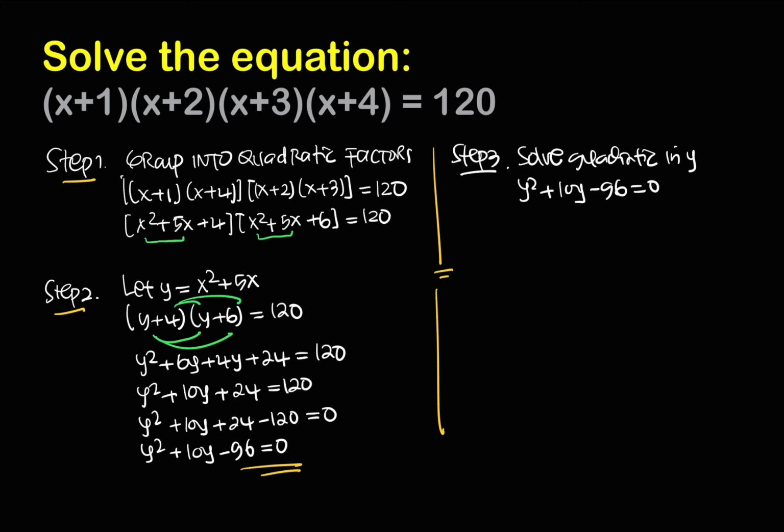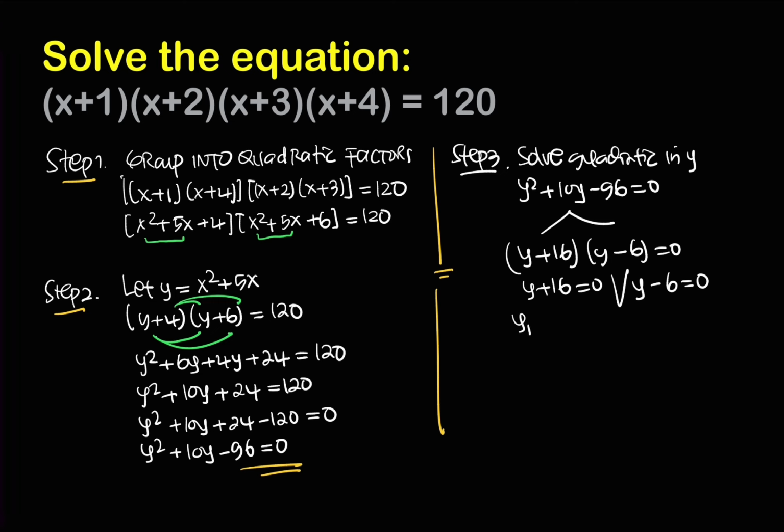As you can see, this can be factorized into y plus 16 and then y minus 6 equals 0. Now we can find that y plus 16 equals 0 or y minus 6 equals 0.